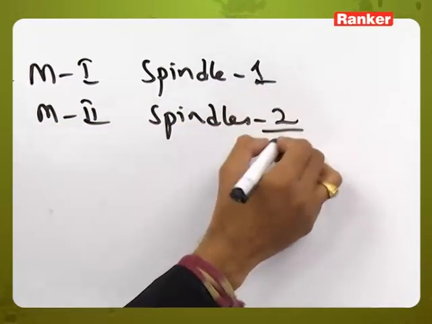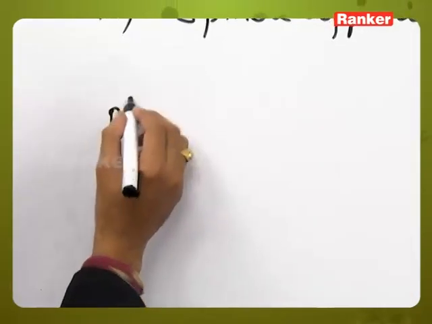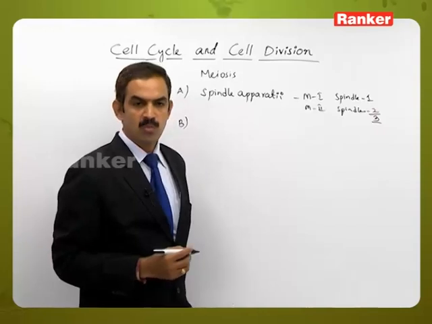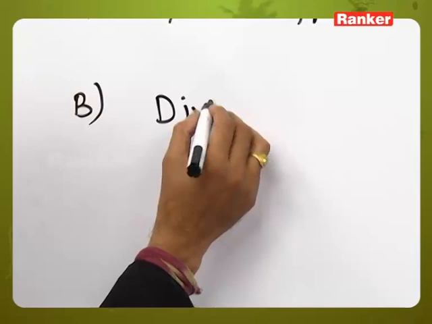So the total number of spindles formed will be 3. Spindle apparatus will be 3 here. Then the next one, number of chromosomal divisions. The chromosomes will divide only once.